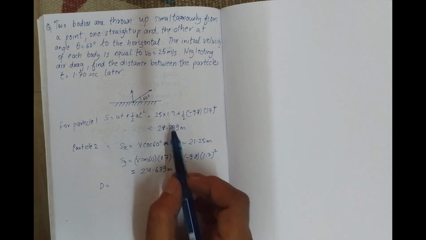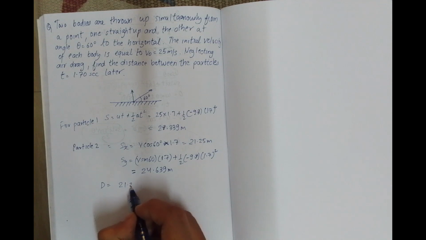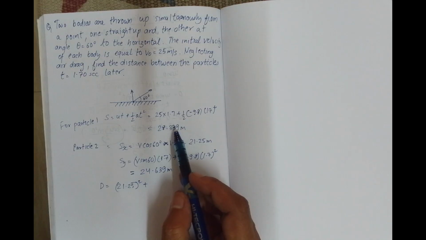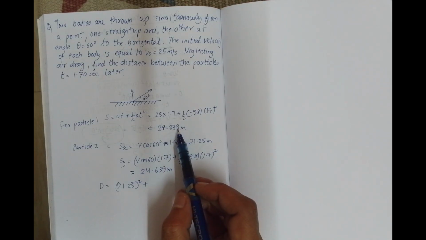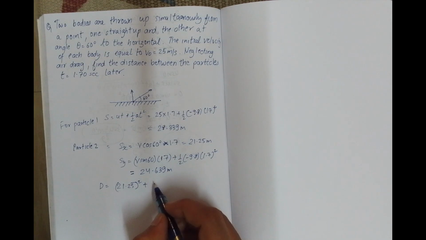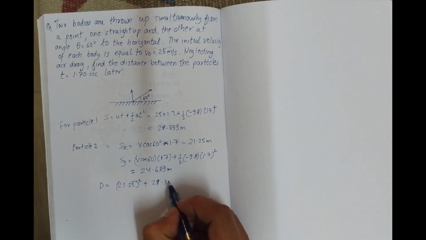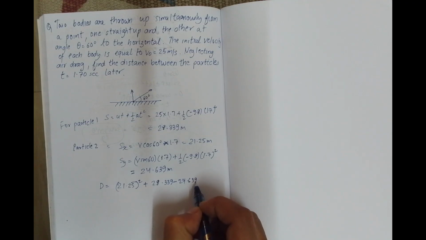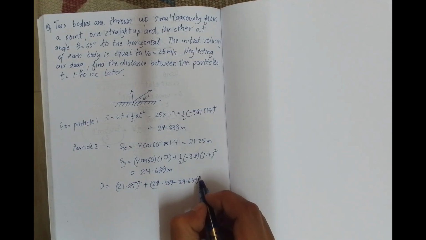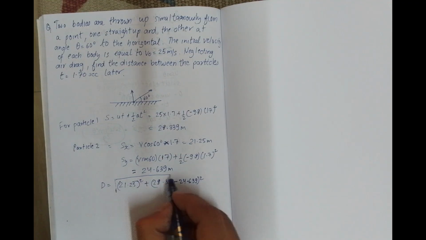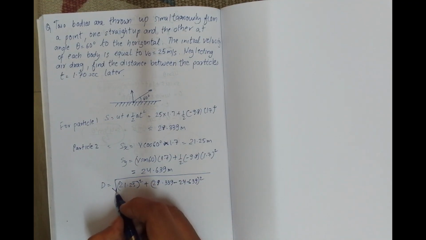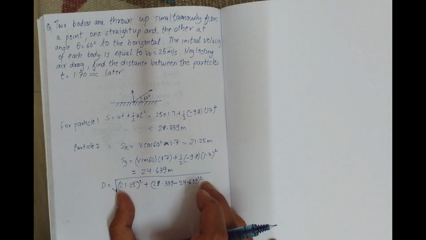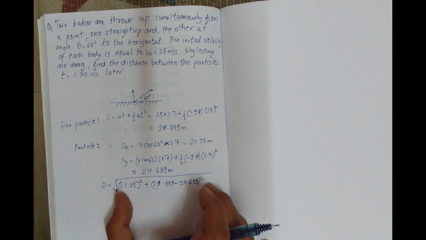Particle 1 does not have a horizontal displacement. 21.25 square plus difference in the vertical displacement, 28.339 minus 24.639, square of this, under root of this. Right? So this will be the distance between these two particles.